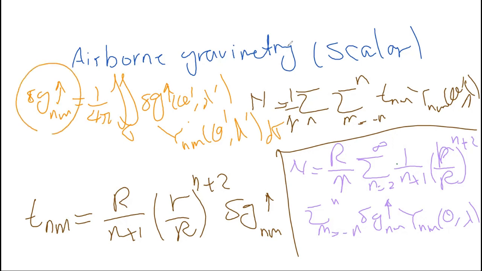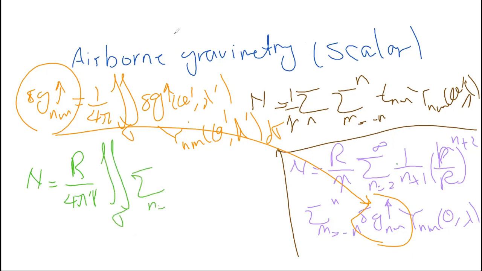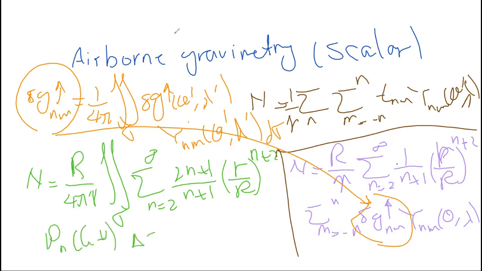If I insert this back here and then apply the addition theorem of spherical harmonics, I will get this equation: N is 1 over 4 pi gamma, the integral, with n from 2 to infinity, of (2n plus 1) over (n plus 1), (R over r)^(n+2), P_n(cosine psi), times the gravity disturbance at the airborne level, d sigma.